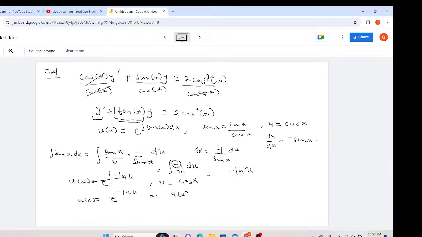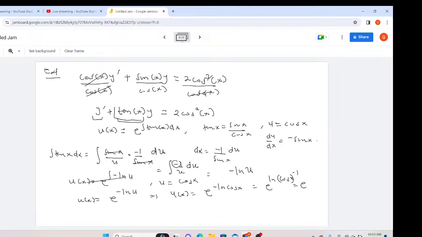So my u of x becomes exponential negative ln cos x. And then we know how ln works, right? So when I have negative ln cos x, it's actually equal to e to the ln of cos x to the power negative 1, right? And then we know cos x to the negative 1 is 1 over cos, giving us sec x.